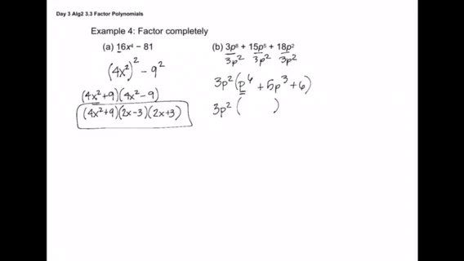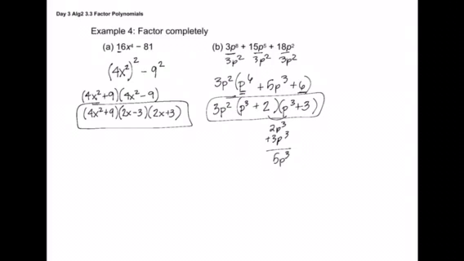What times what gives me p to the 6th power? P cubed times p cubed. What times what gives me 6? 3 times 2, both of my signs are positive. Let's do a quick check. 2p cubed plus 3p cubed is absolutely 5p cubed. So we know we factored this polynomial completely.